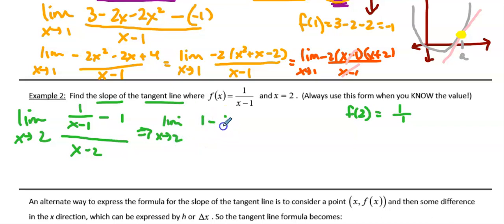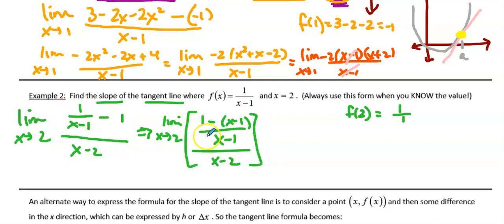I'm going to get 1 minus parentheses 1 over x minus 1, all over x minus 2. If you did not understand how I got from this step to this step, I talked about that in my lesson 1 videos. I think it was part number 2. So we're just combining fractions is really what I did here. And so I've got a fraction over a fraction. I'm going to go ahead and simplify this a little bit too.